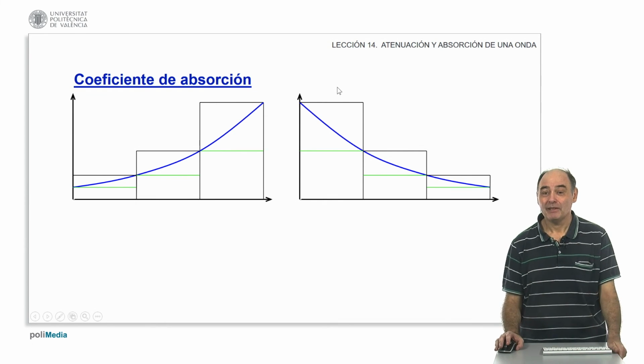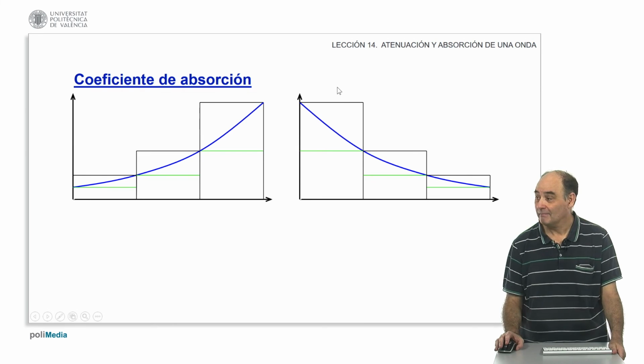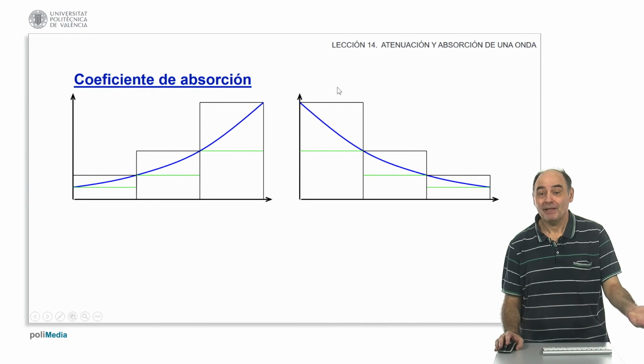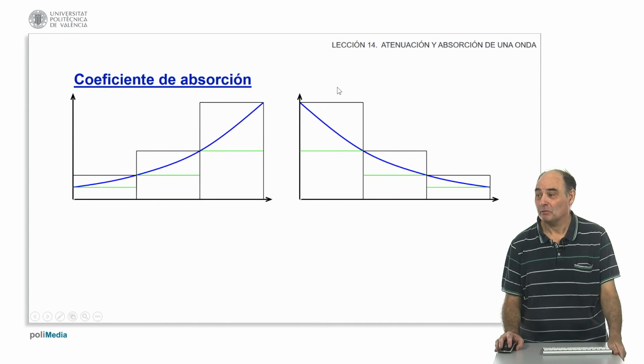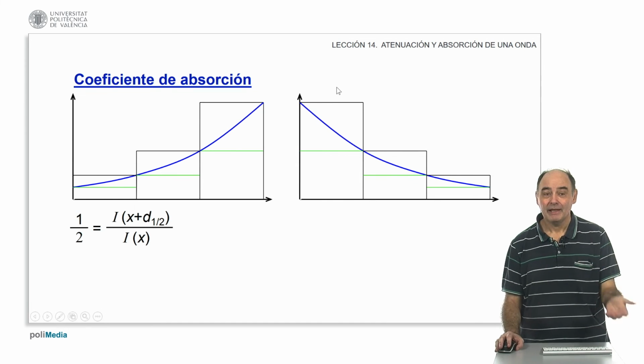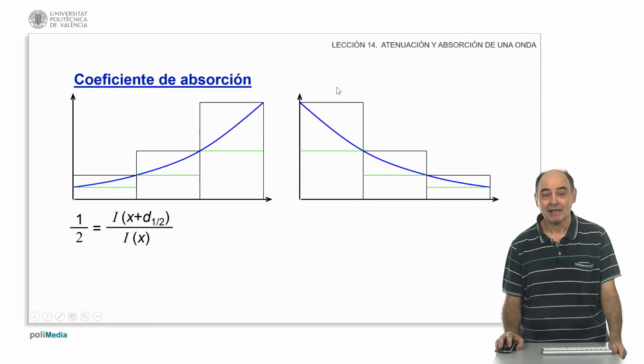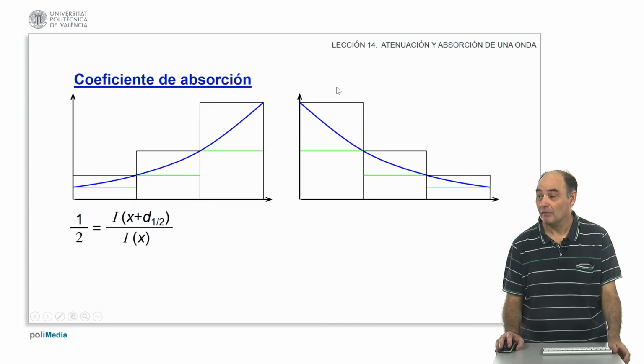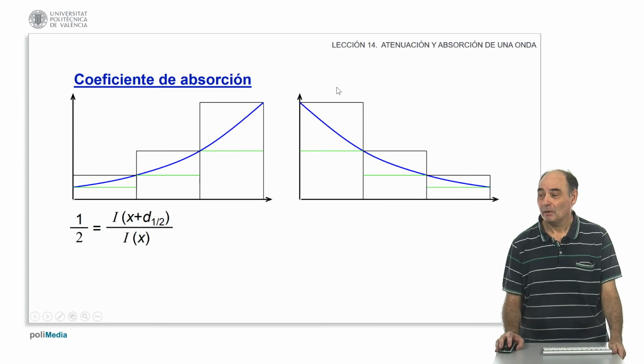As decreasing exponentials, then, you have one that you have already seen in this course, which is the decrease of amplitude in harmonic movements in which there are energy losses. Or, for example, radioactive decay, or this case that we are seeing here. In fact, it can be verified that what always takes the intensity to become half is a fixed distance that we call the half-value layer.